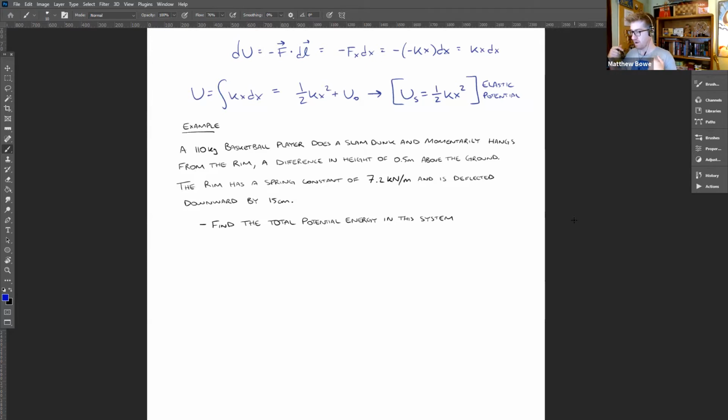We want to know how much potential energy is in this system, like drawing a big circle around this end of the basketball court. How much potential energy is in this system?